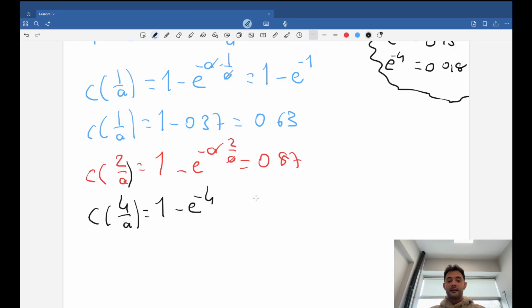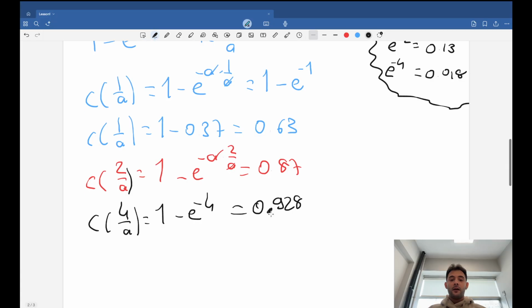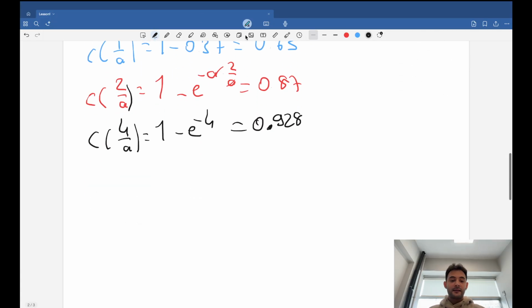I just skip those equations in between, and I will have this really small value, right? It's something like 0.928, etc. So what I can imagine here, let's draw a graph to visualize the system response.